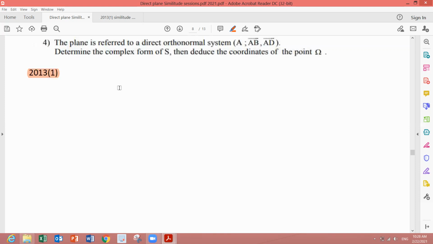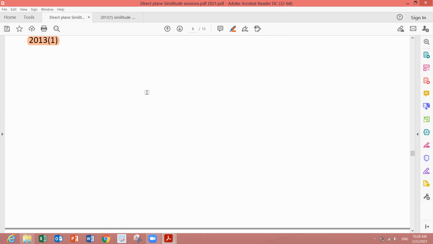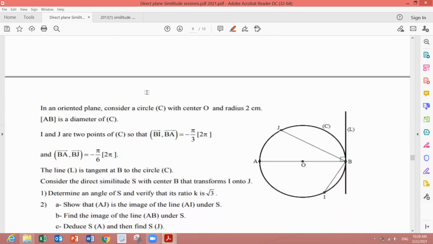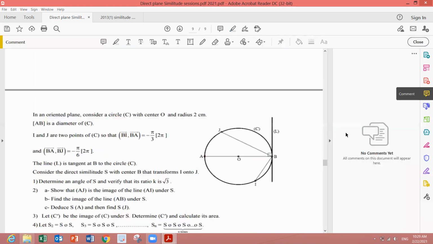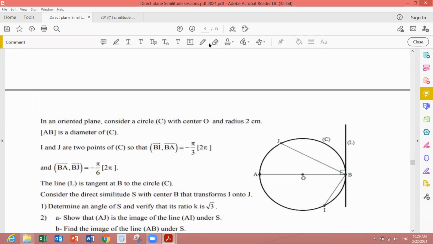Okay, 2013, the first chance. In the oriented plane we have a circle with center O, radius 2 centimeters, and AB a diameter.